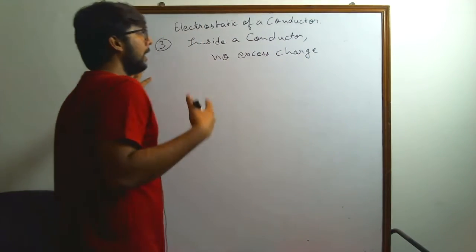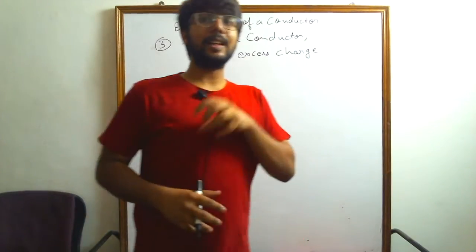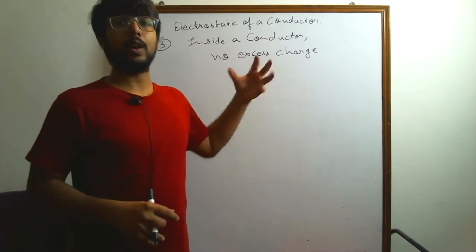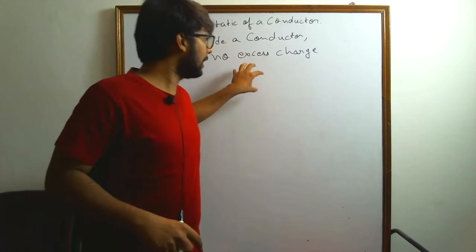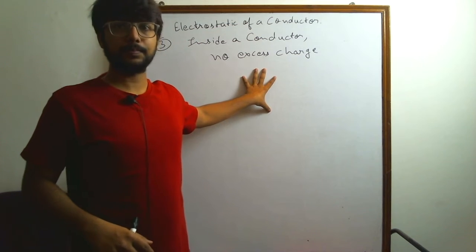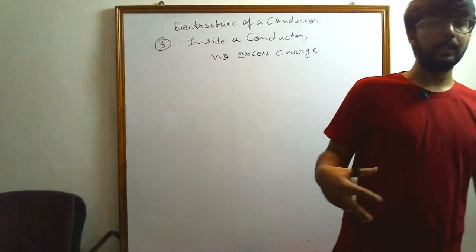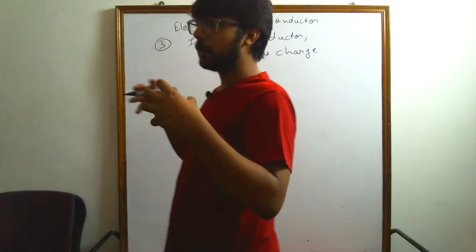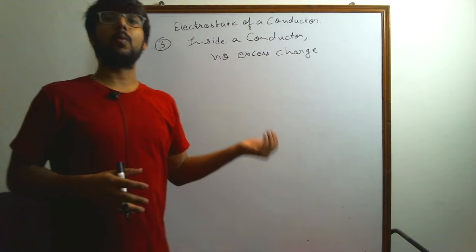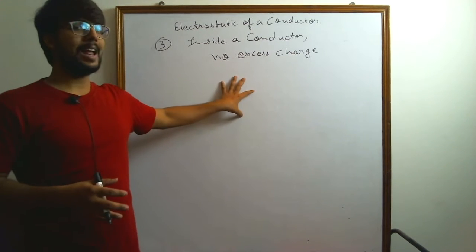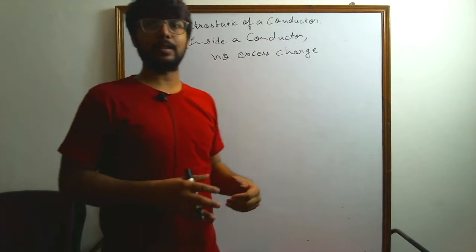Okay, again it comes from the same concept. If there was an excess charge, what's going to happen is it will create an electric field which will push or pull other charges around it. That means it won't let the static position remain static.